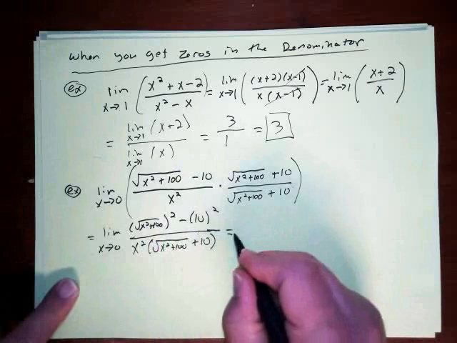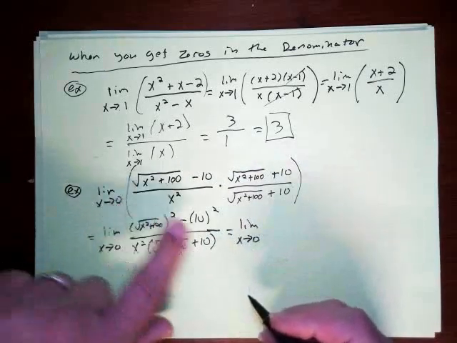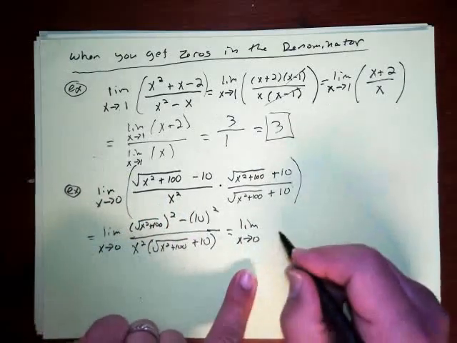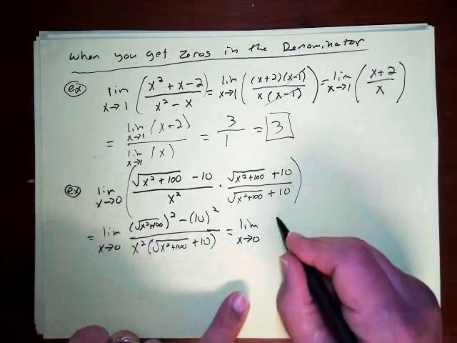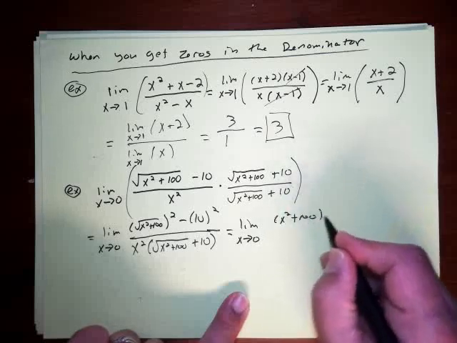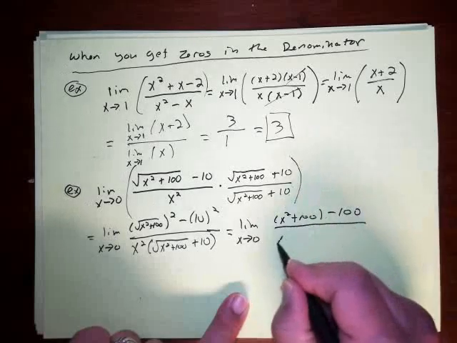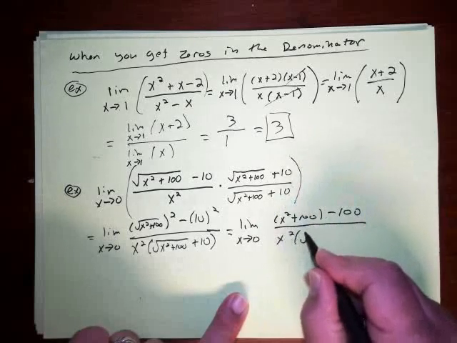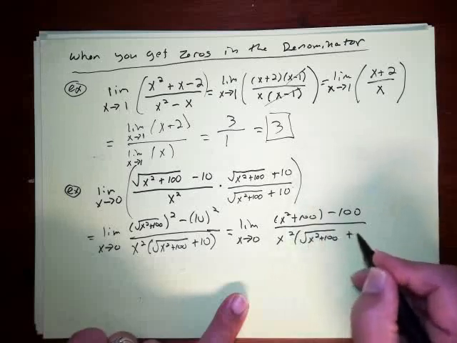Now this would equal the limit as x approaches 0. Notice I need to keep the limit there each time. It's easy to forget that. So this would just be x squared plus 100 minus 100 all over x squared times the square root of x squared plus 100 plus 10.